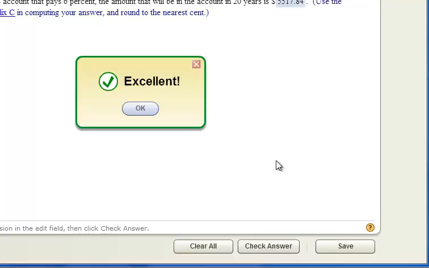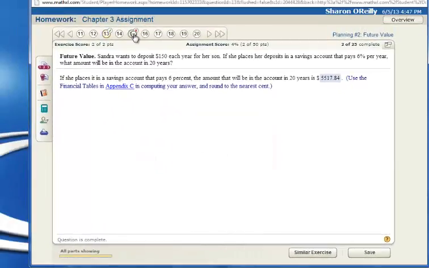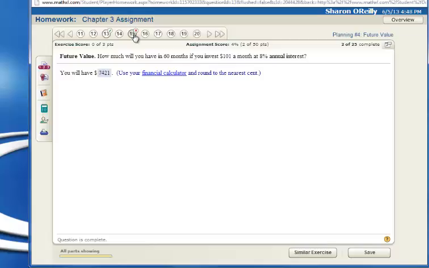All right. Now when we go to question 15, we get a little twist on this. This is asking how much will you have in 60 months if you invest $101 a month at 8% annual interest. Here's the difference. Similar problem.